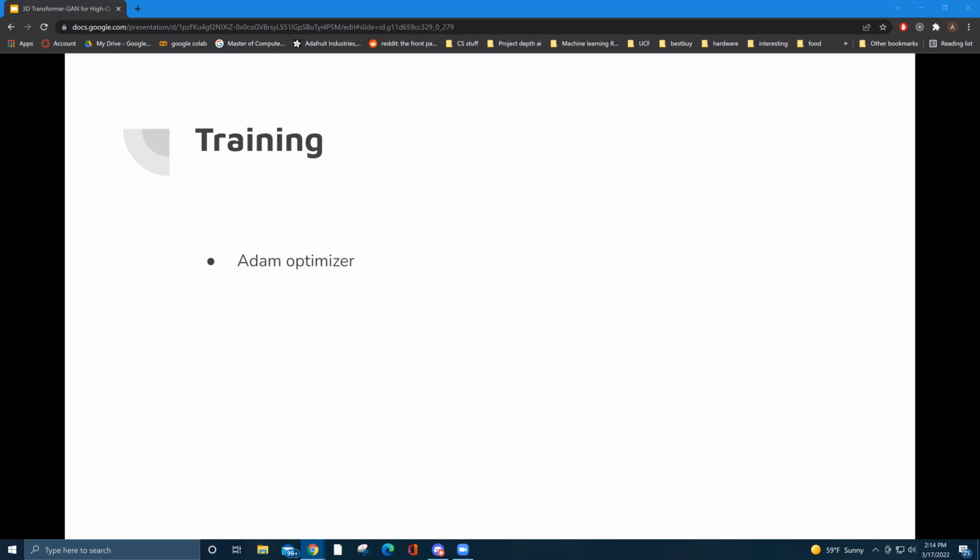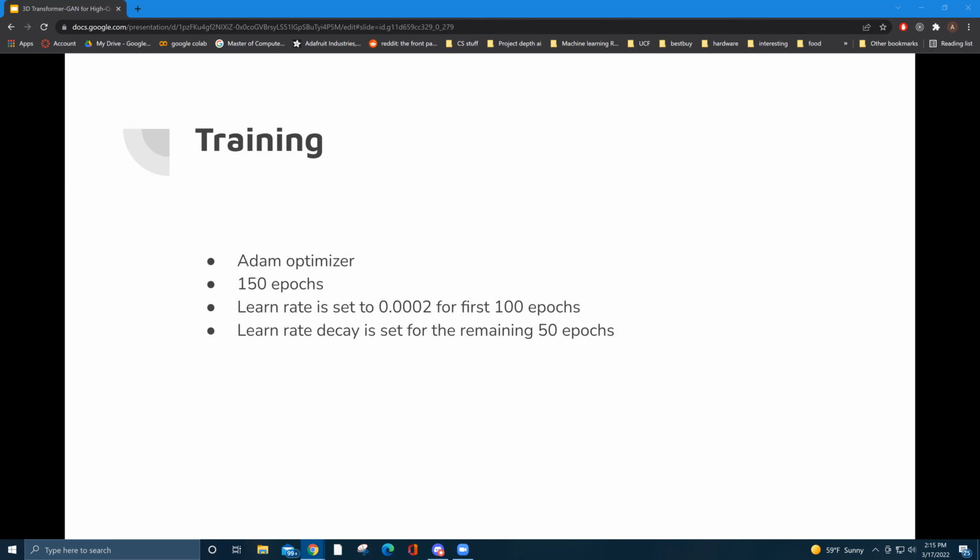So, for the training, they use the Adam optimizer, and they use 150 epochs to train it. They started out with this 0.0002 learning rate for the first 100 epochs, and then they implement a learning rate decay for the remaining 50. The generator and the discriminator network do train alternately.